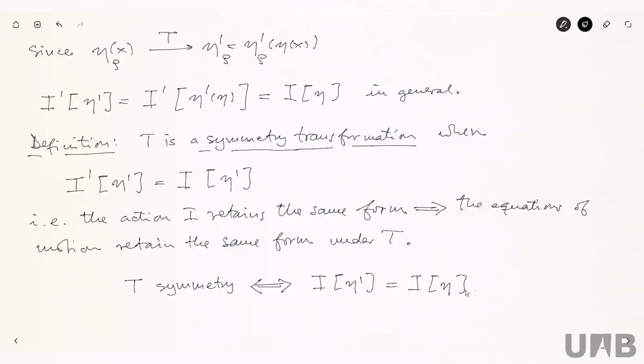So we demand for a symmetry transformation that the action does not change form when I change all these variables. Okay, and then that means, linking this with this, that the action in terms of the new fields is the same as the action in terms of the old fields. Okay, so that is the condition we're going to impose. Any questions so far?